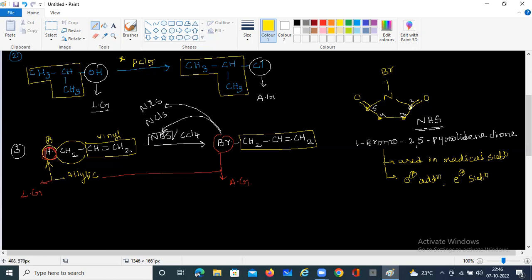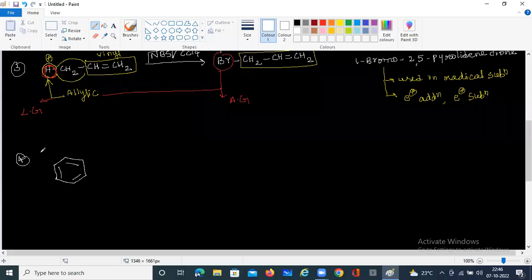And finally the last example, the fourth one. In that fourth example, this is a benzene ring, that means an aromatic ring, and each aromatic carbon contains a hydrogen atom.